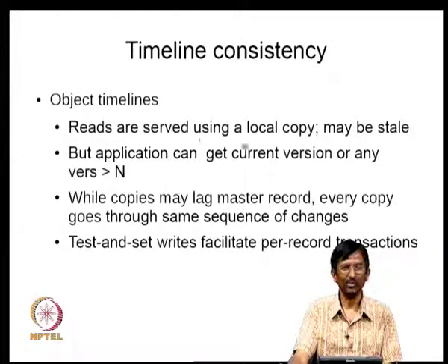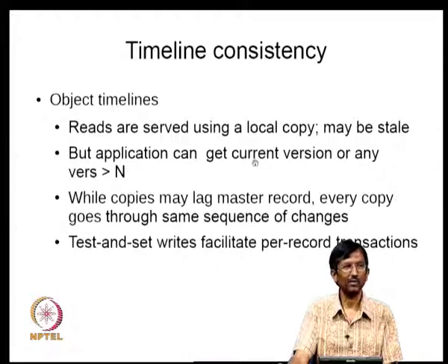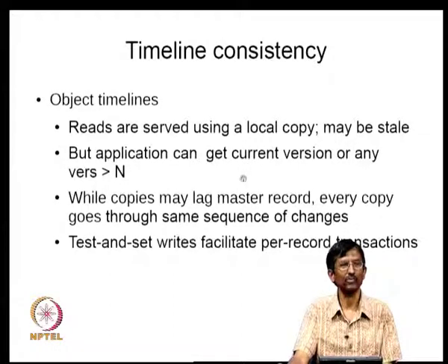Reads are served using a local copy, but this may be stale with respect to the more current version somewhere else. But the application API can specifically ask for a particular version or any version greater than a particular number. For example, I can say, give me the most current version, or I want a version which is more than the 5th version.